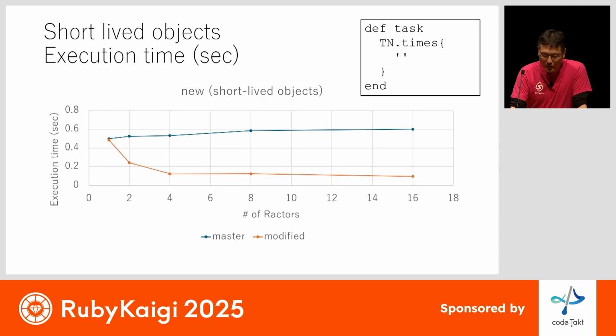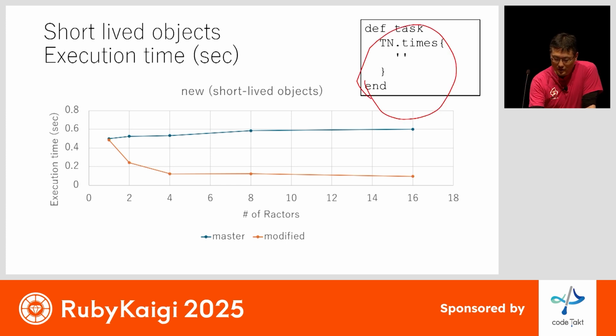First of all, we show the simplest one. Each Ractor repeatedly allocates short-lived string objects. As shown in the code snippet here, it just creates and discards an empty string Tn times on each Ractor.